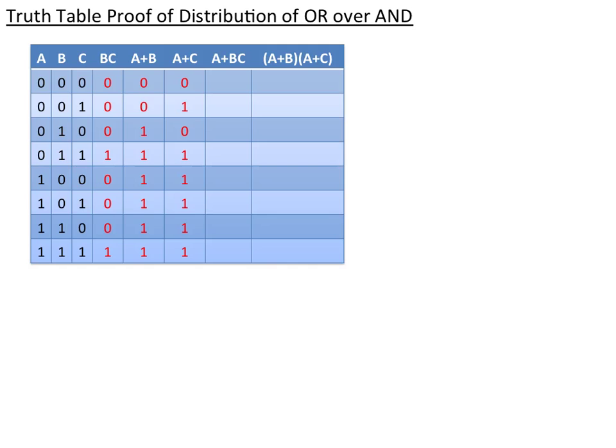First of all, I want B and C, and A or B and A or C. So that's these columns. Here B and C is 0, 0, 0, 1. It doesn't matter what A is, so I just repeat this on the second level: 0, 0, 0, 1.